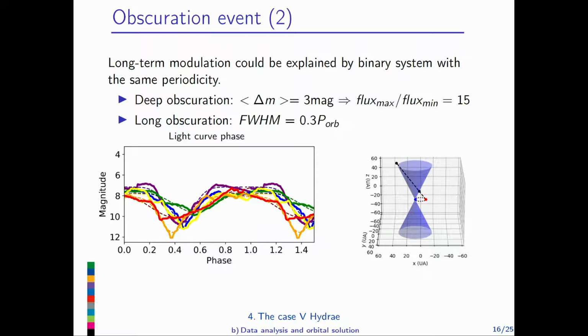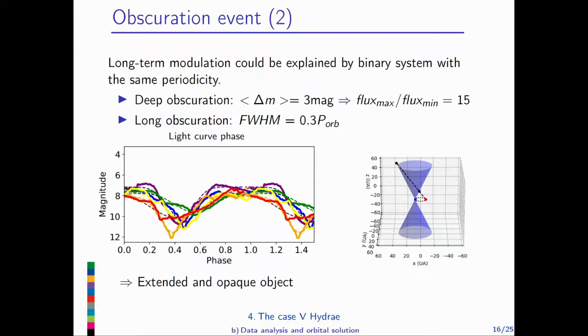You can see that first the obscuration is quite deep, so we have a decrease of on average 3 magnitudes, which corresponds to a decrease of flux of a factor 15, and also that the decrease is quite long. So when we fit it with a Gaussian, we can see that the width of the Gaussian is about 1/3 of the orbital period. So that seems to be a really opaque and extended object that obscured the star at this particular moment.